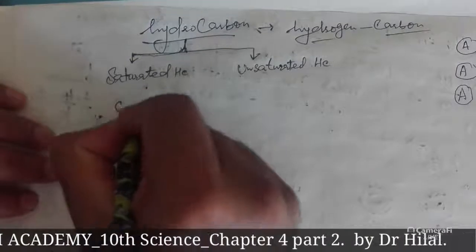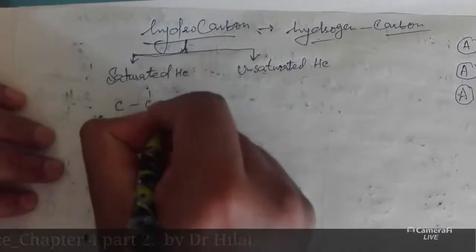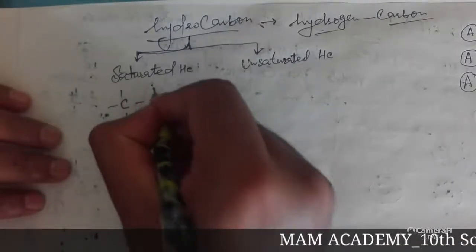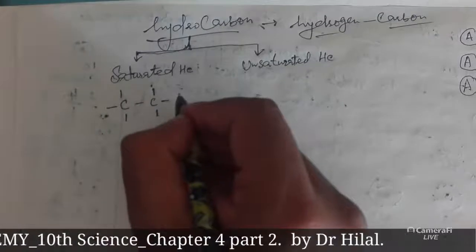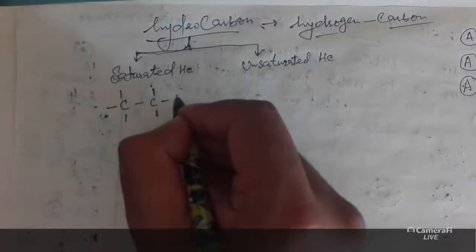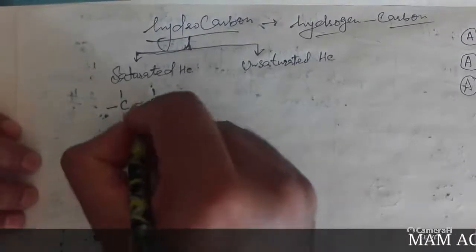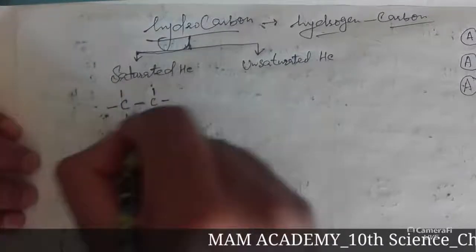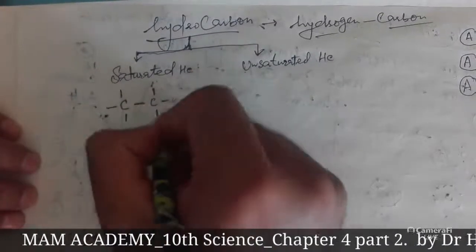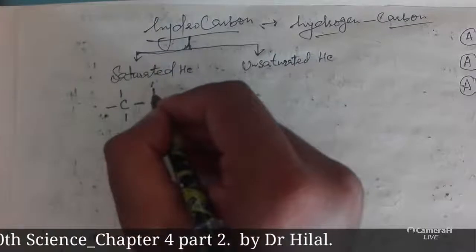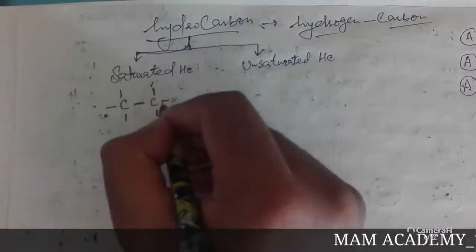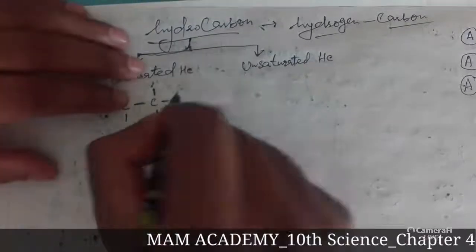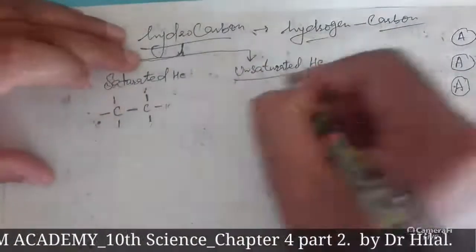For example, this is carbon, and these lines I am drawing here, these hyphen-like structures, are the bonds formed. So carbon is making single bonds here, it can be hydrogen, and there are possibilities of many other atoms which we can keep here. Then we have unsaturated hydrocarbons. So I hope you understood.